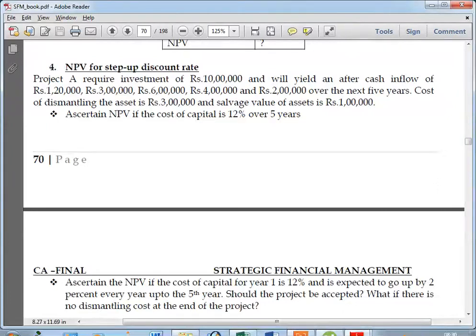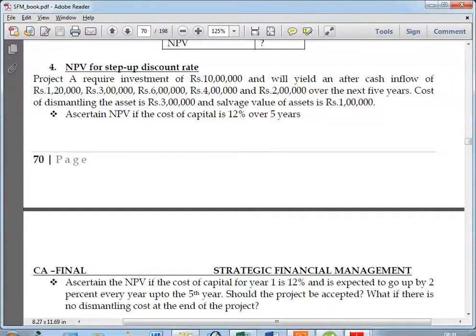Go through question 4. Okay, the project cash flows are available.